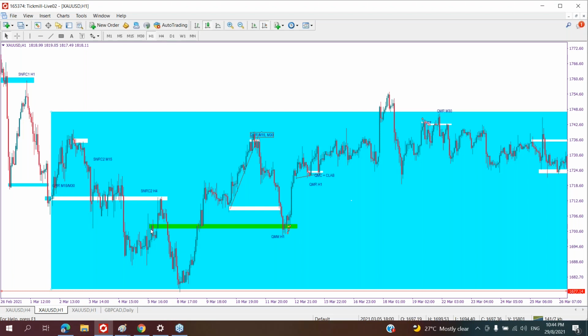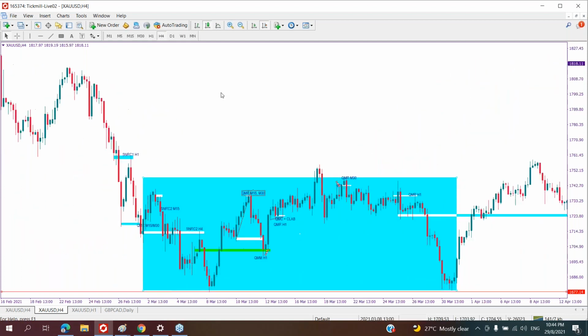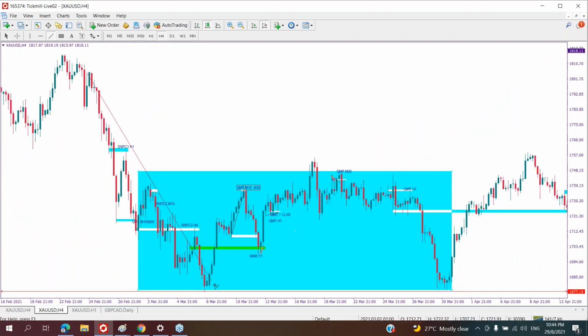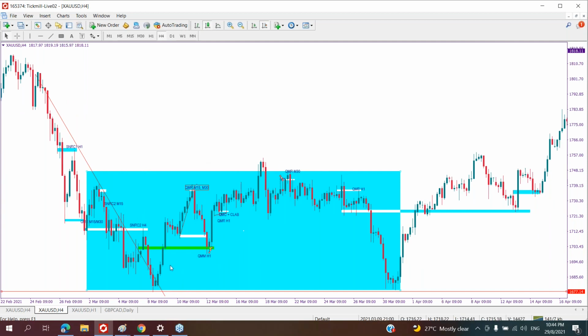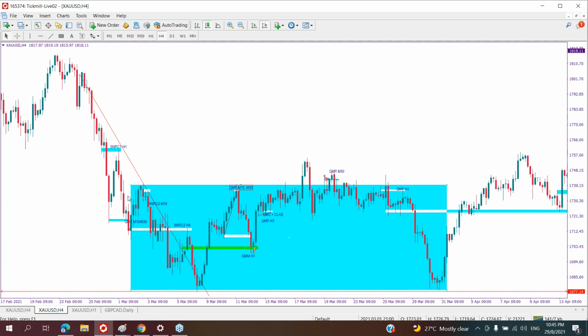Any question? How to detect a sideways market? Okay, sideways: price is making a downtrend.